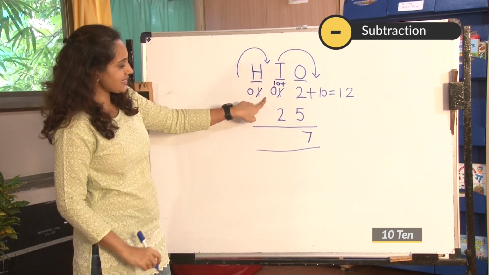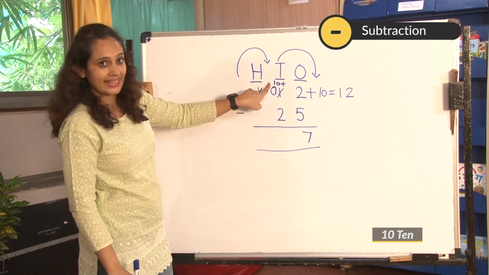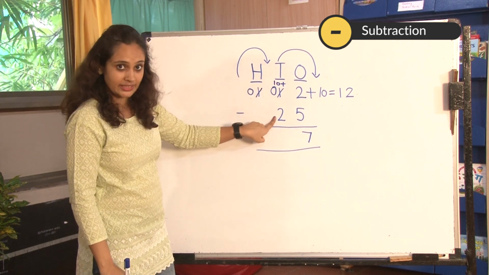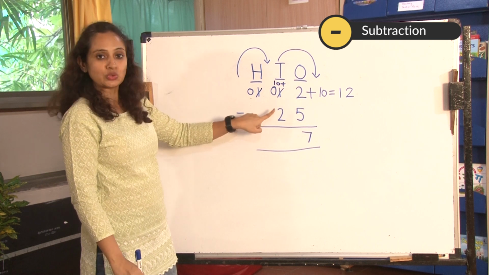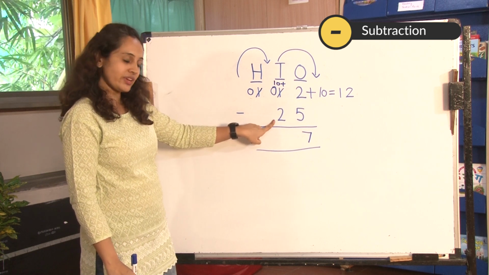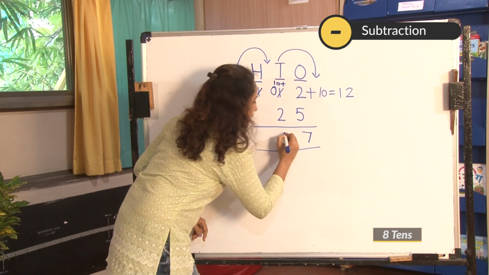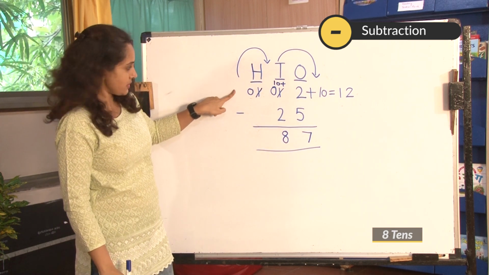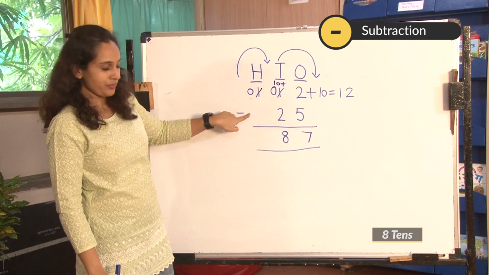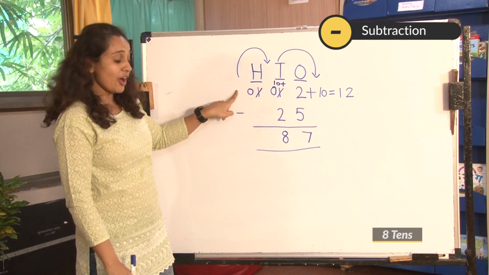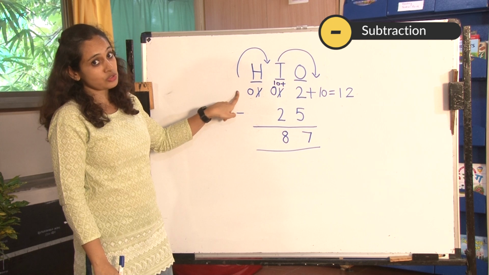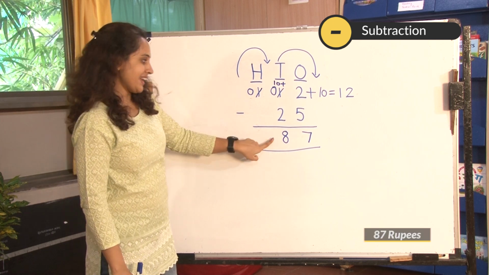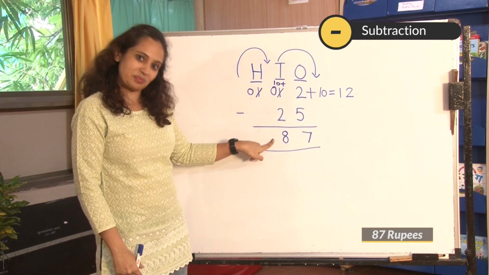So total how many tens do I have? 10. And I need to deduct 2 tens. When I do that, how many tens am I left with? You are right. I'm left with 8 tens. Now I'll move to the hundreds place. Do I have any 100? No, I don't have. So after discount, how much am I supposed to pay to the shopkeeper? I need to pay 87 rupees.